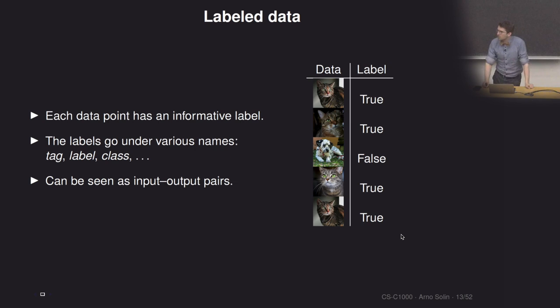The question was, what is meant by input-output pairs? We'll go into that in a bit. But basically, if I'm to train a model later on to recognize cats, I can consider this image as an input, and this as an output.